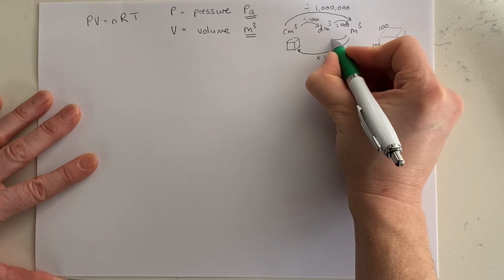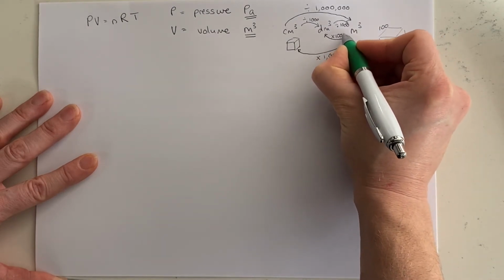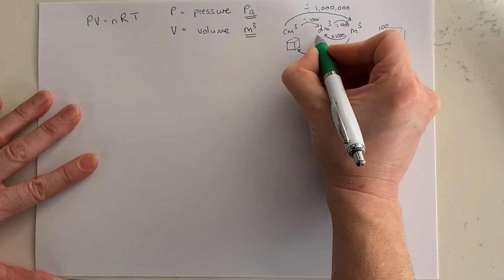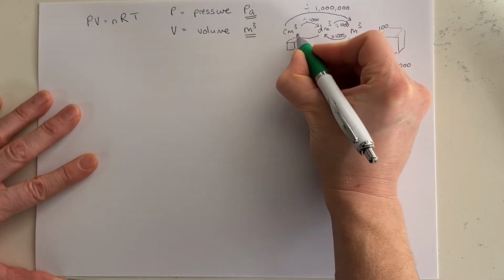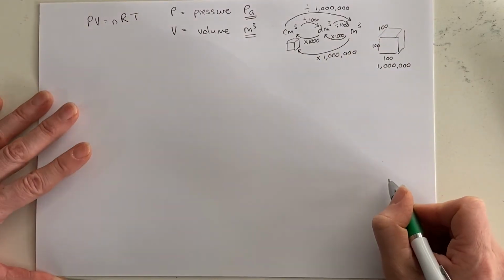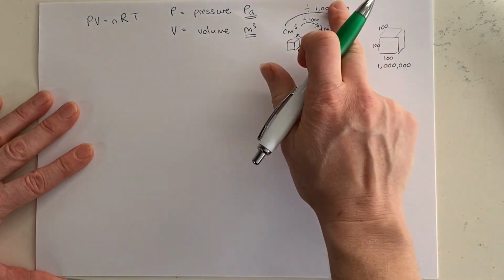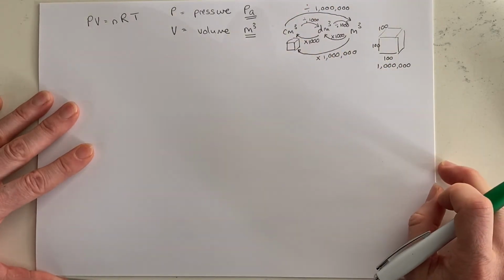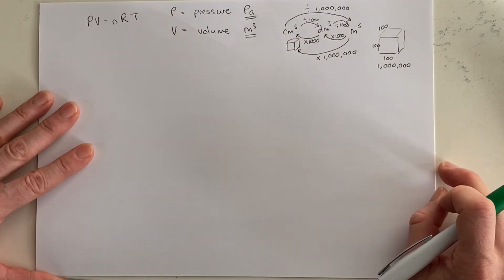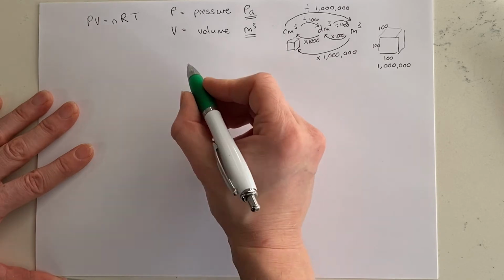If I want to go the other way, I would need to times by 1,000 to get from meters cubed to decimeters cubed, and then times by 1,000 to get from decimeters cubed to centimeters cubed. So this is a really key thing to remember. That, believe it or not, is actually where most people go wrong in these calculations. So that's P and V.